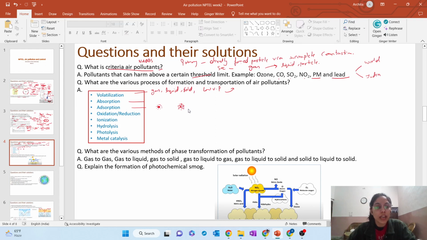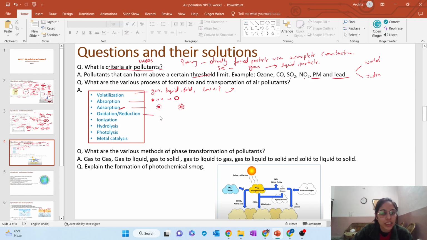They are not mixing with the particle, they are only adsorbing on its surface. In other cases, they become part of the particle and form a different particle by absorption.